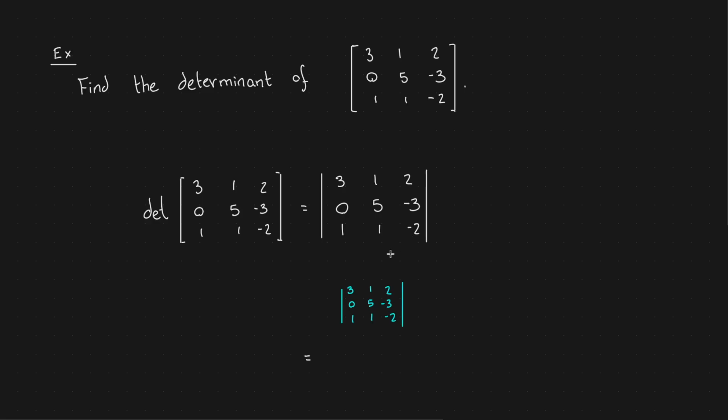And let me copy this. So most of the time you won't write this, but just to make it a little bit easier to see what the pattern is. Okay. We're going to take 3, cancel out the row and column. So I have 3 times the determinant of what's left.